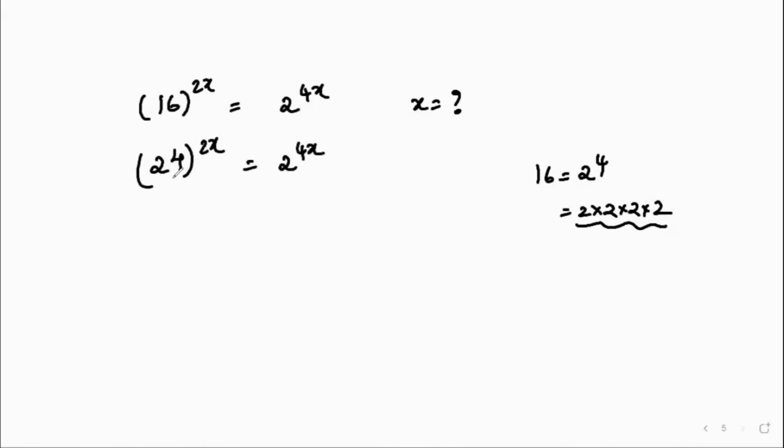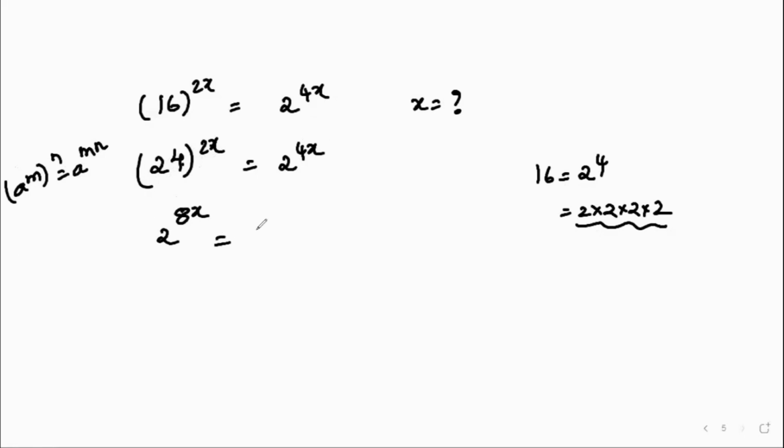Okay. Now, what do you understand from this one by the law of indices? How can we write a power m whole power n? You can write it as a power mn. Correct? That means 2 to the power of 4 whole power 2x means 2 power 8x.